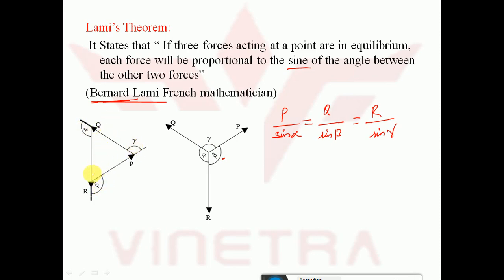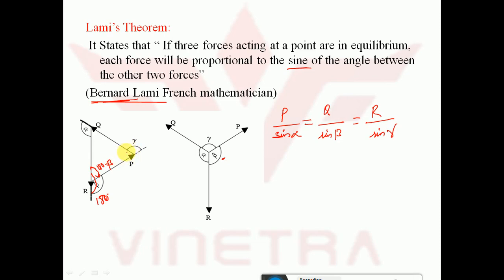Now let us find out the interior angles of this triangle. This is a straight line, which is 180 degrees. So the angle from here to here will be 180 minus beta.